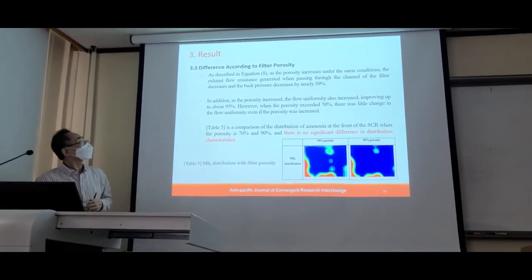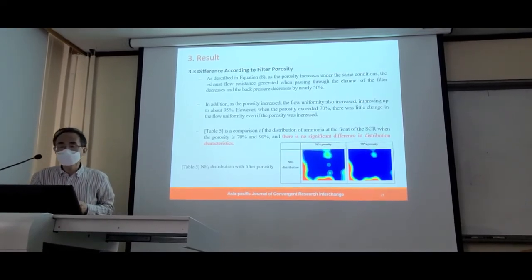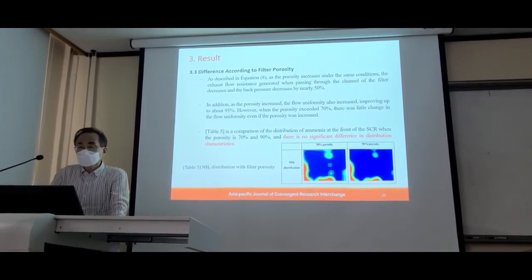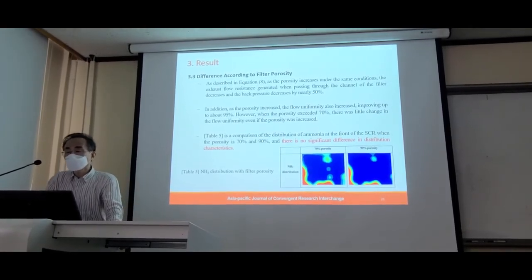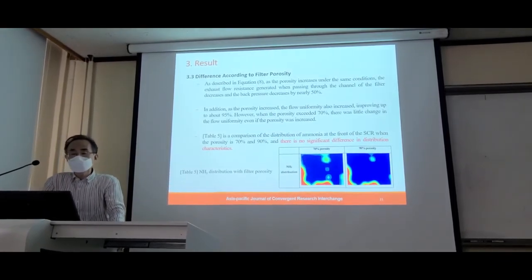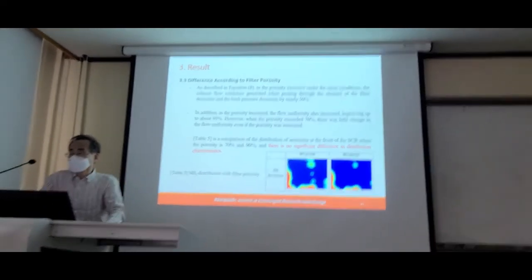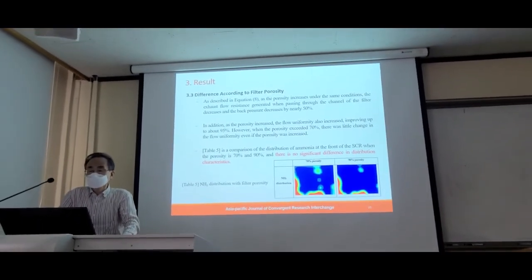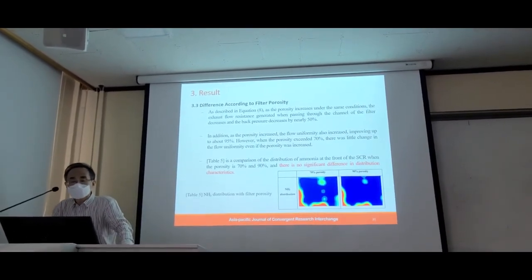Okay. So let's look at some other view of the things, the flow porosity. As described, the porosity increased under the same condition. The flow resistance generated when passing through the channel of the filter decreased and the back pressure decreased by near 50%.